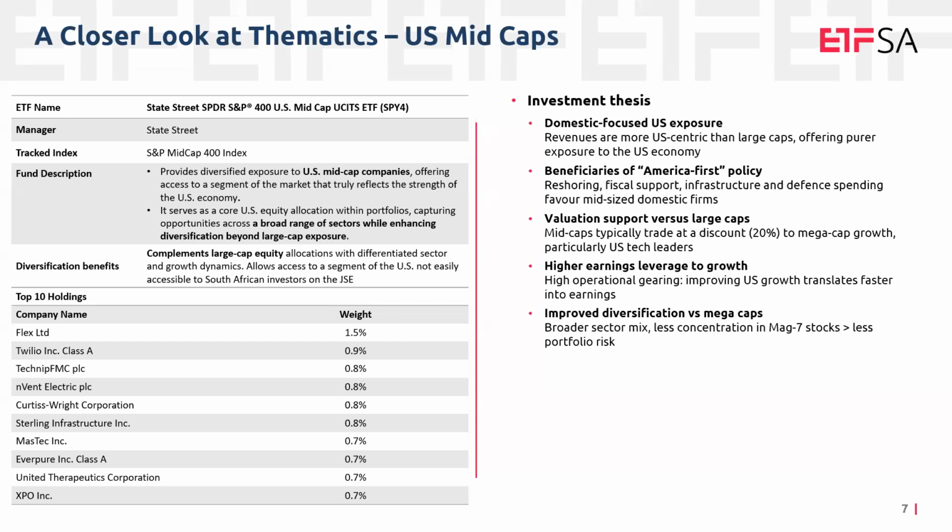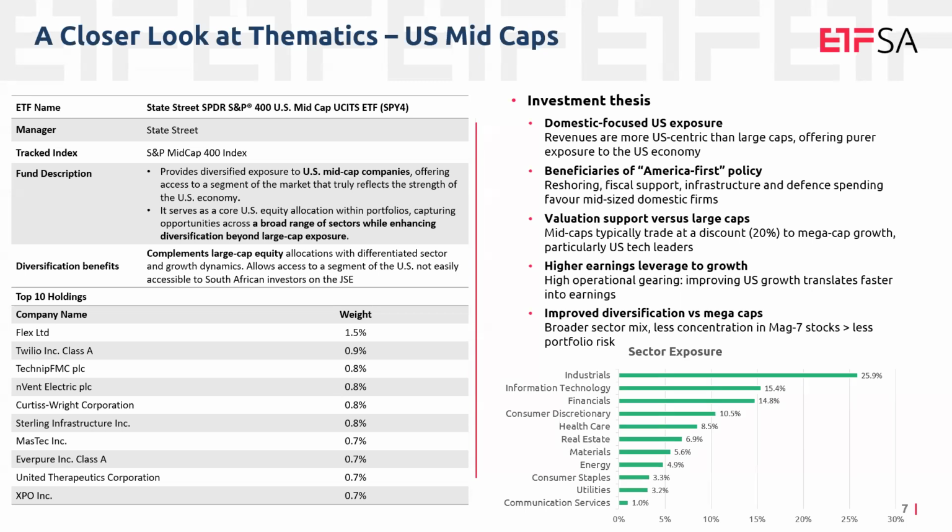No one company completely dominates this index like we find in the case of the S&P 500. And when you look at the sector exposure, you see that it looks quite different than the sector makeup of the S&P 500. So for us, a very important way to diversify our underlying exposure, to tap into better valuations without giving up on the exposure to the very high performing US equity market.